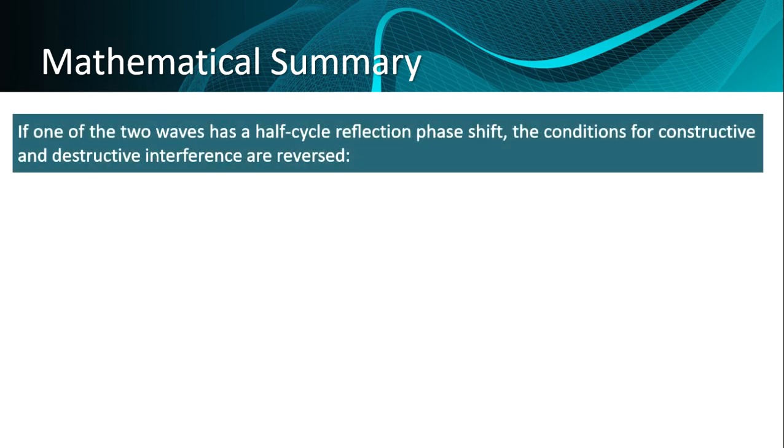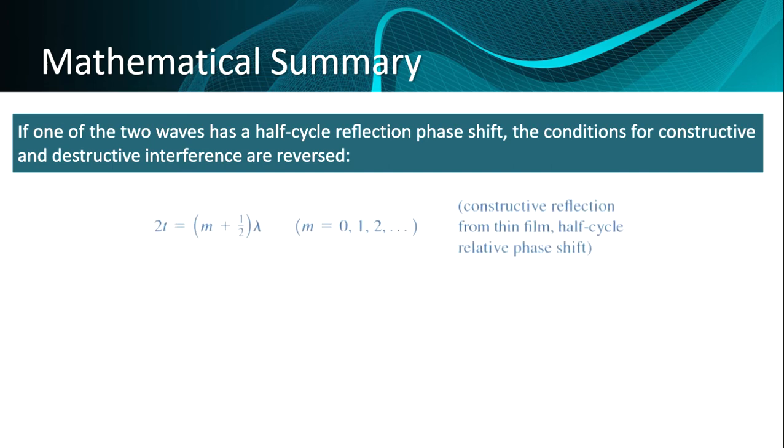But if one of the two waves has a half-cycle reflection phase shift, the conditions for constructive and destructive interference are reversed. So we now have 2t equals m plus 1/2 lambda as the condition for constructive reflection from thin film with a half-cycle relative phase shift.